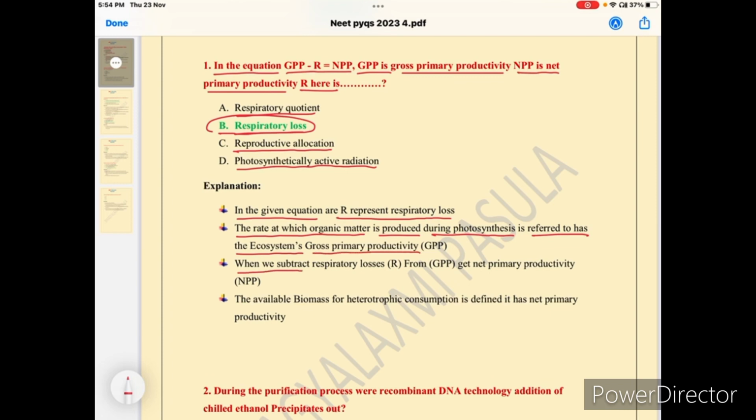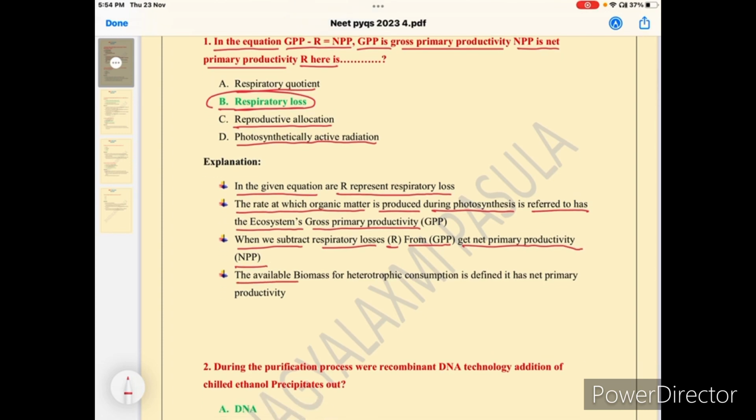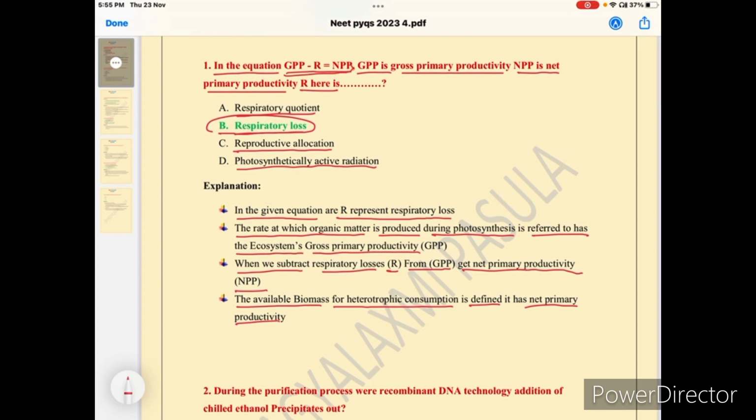When we subtract the respiratory loss R from GPP, we get NPP, net primary productivity. The available biomass for the heterotrophic consumption is defined as NPP. This equation GPP minus R is equal to NPP is used to calculate R or GPP or NPP.